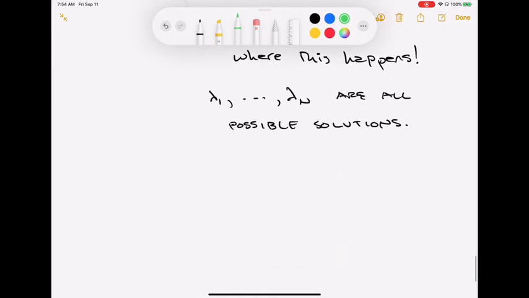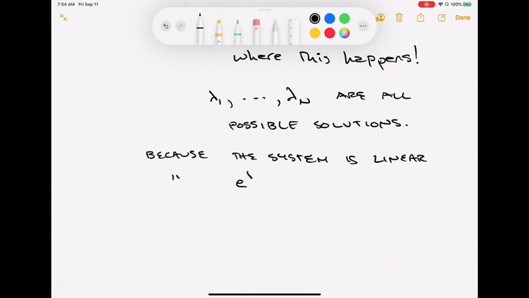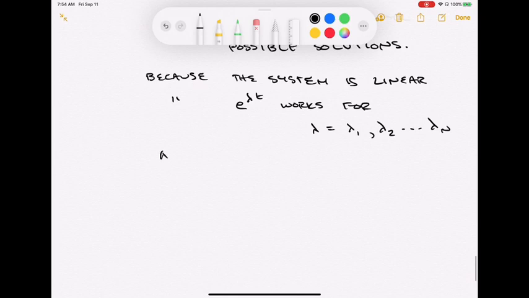Okay, so because the system is linear, and because e to the lambda t works for lambda equaling lambda 1 or lambda 2 all the way out to lambda n, any linear combination of these terms works.